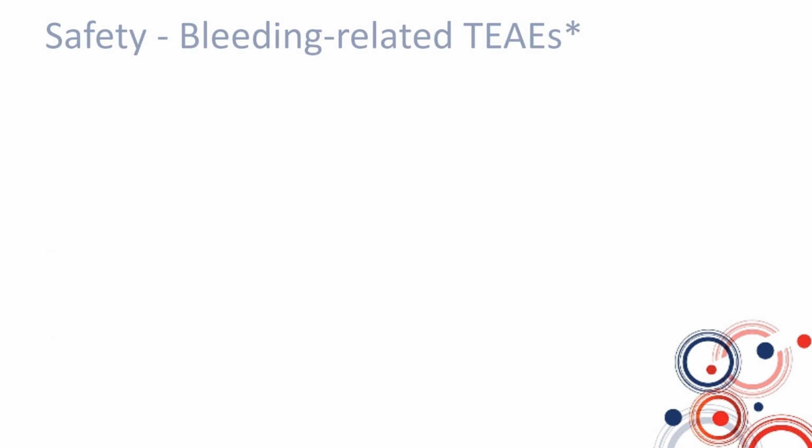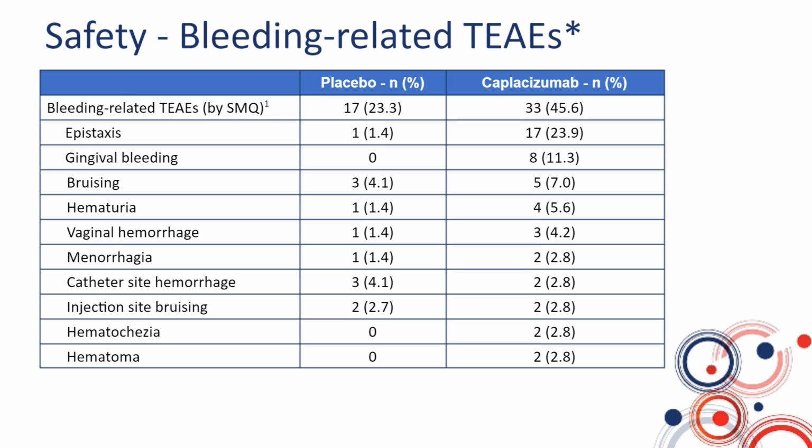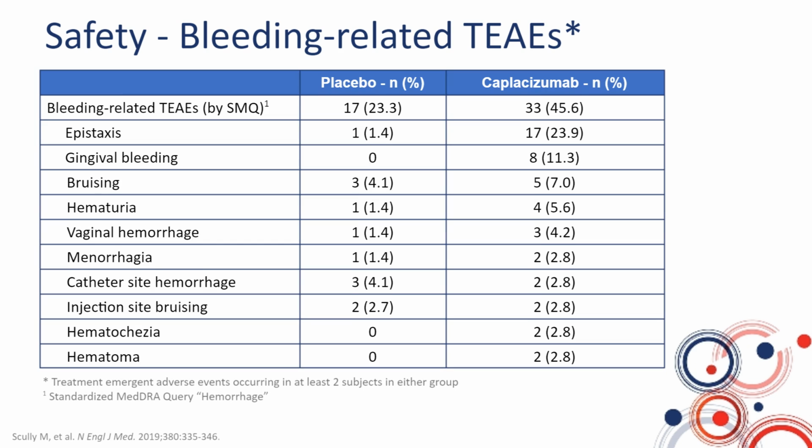So certainly we've talked about the efficacy of caplacizumab. I think it's very important to talk about bleeding. Essentially, when you're talking about an agent that binds to von Willebrand factor, inducing a VWF dysfunction or a von Willebrand disease, if you will, bleeding is what you might expect. And that's certainly what you see in the treated patients, where 45% of patients had a bleeding-related treatment-emergent adverse event.